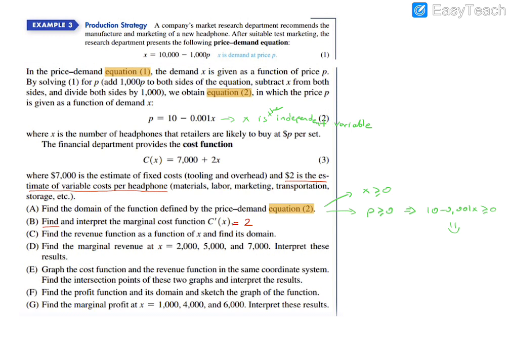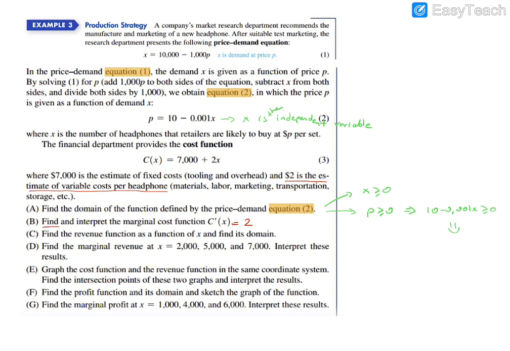On the other hand, we have another interpretation. From the x to the x plus 1 item, the cost of the x plus first item is C prime of x. So this is fixed, which is 2.